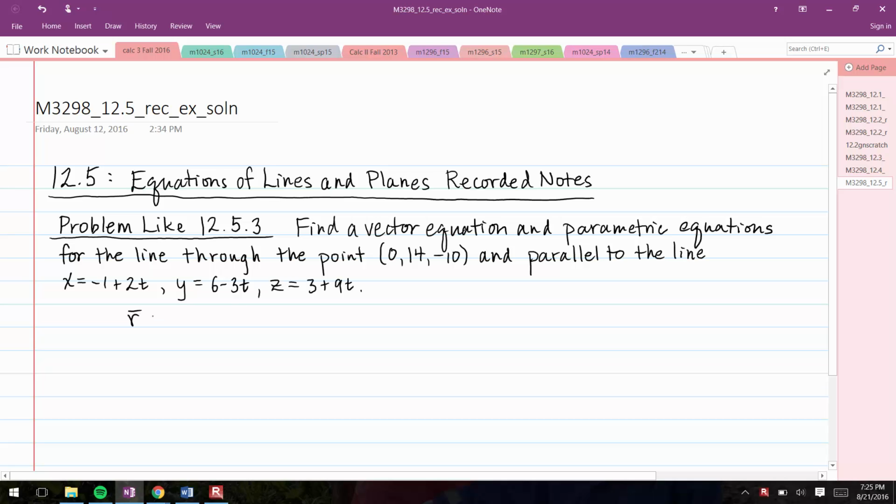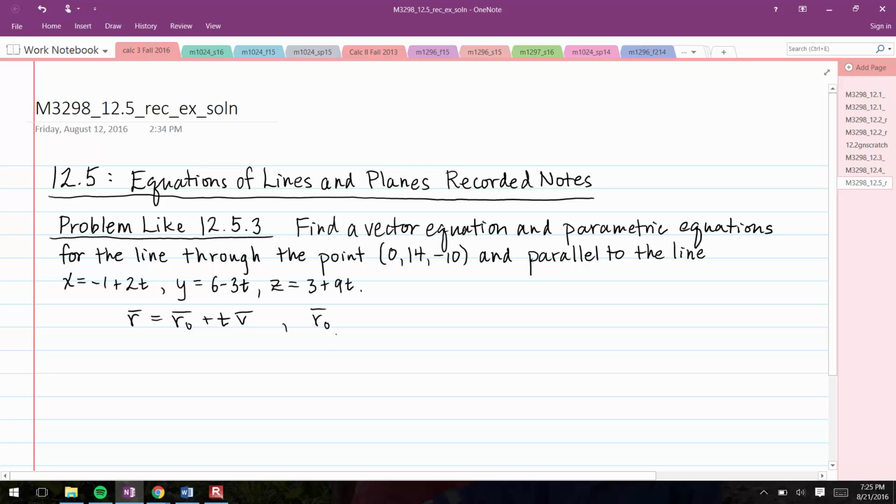is r equals r naught plus t times v. Notice we have vector r sub naught, vector v. T is a parameter, and you can think of that as a scalar. And so this is just the general form. We're given this point here, which means that we can just go ahead and write the vector r sub naught.